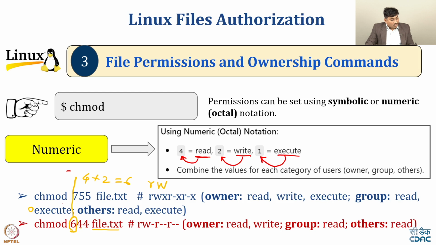Similarly 4 means that we have only given them read permission. In this way we can assign the permission to any particular file: who can read it, who can write it, who can execute it, by this particular chmod command, right.